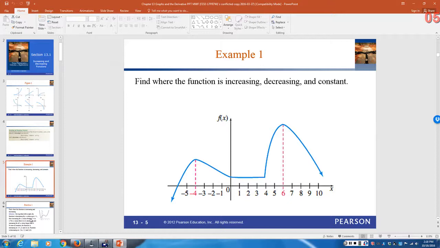And we're talking about intervals here. So if you look carefully, you're talking about the interval where x is less than 4, or x is from 4 to 0, when x is from 0 to 4, when x is from 4 to 6, and when x is larger than 6. So for each of those intervals, write down what you think the function is doing, and then let's see if we're all right.